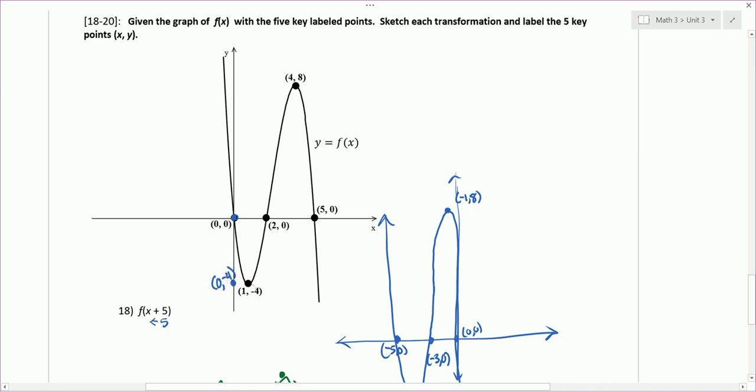Next point, 1, negative 4, when you reflect it, it's going to go up here above the x-axis at, so initially that's at 1, 4, that's after the reflection. And then I'm going to go up 4 more, so I'm going to be at a height at, I'm sorry, I'm not going up 4, I'm going down 4, aren't I?